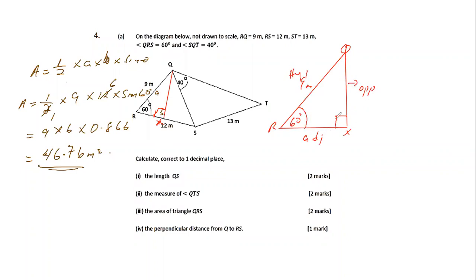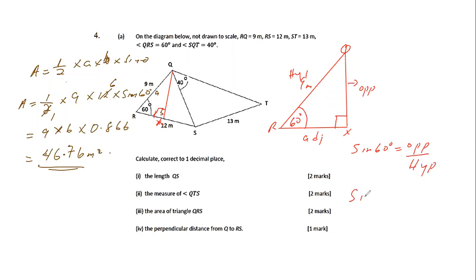Since we want to find the perpendicular from Q to X, it's opposite, and we are looking at hypotenuse. So that would be sine. Sine 60 degrees is equal to opposite over hypotenuse.